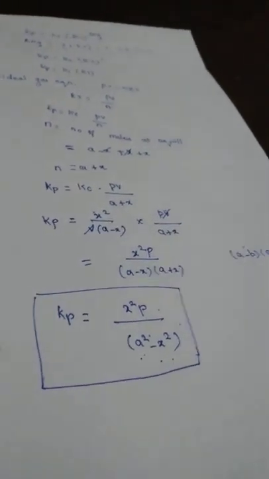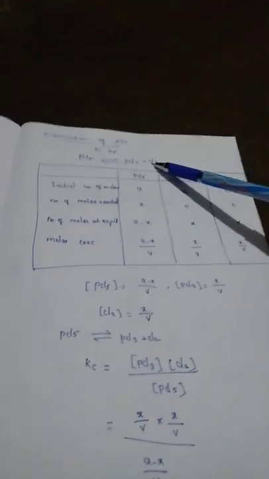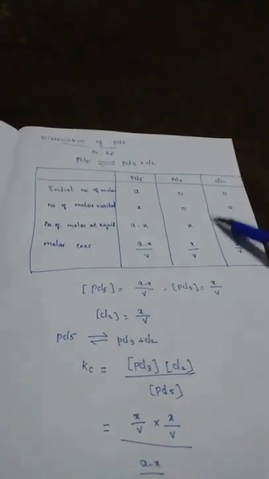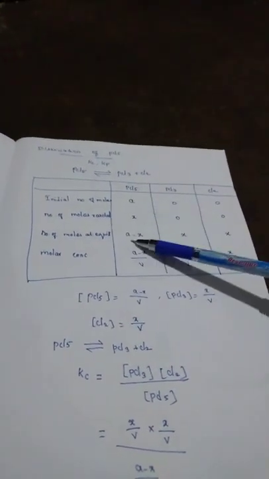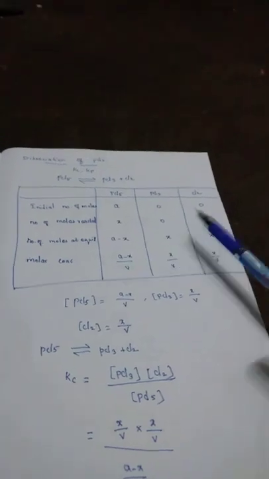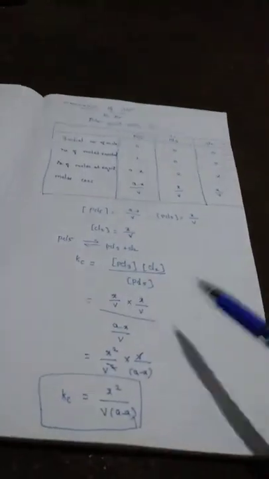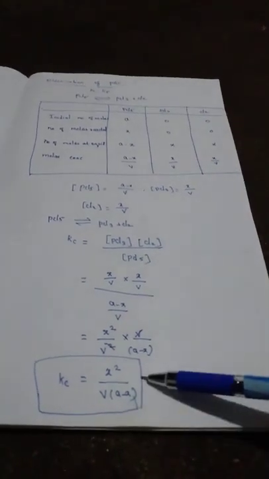Understand this relation? Okay, one more time, listen to the relation for dissociation of PCl5. First write the dissociation reaction. Then consider all the values: number of moles reacted, number of moles at equilibrium, molar concentration. Then first write the Kc formula and substitute all the concentration values, and you get this answer.